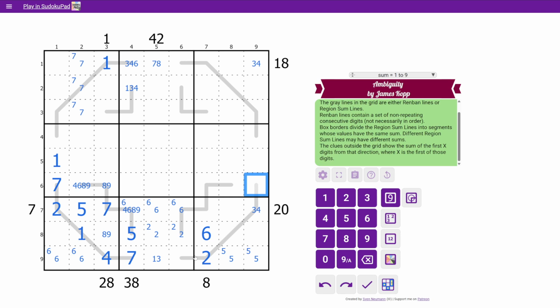One, 2, 3, 4, 5. I guess it could technically still work, but that would have to be the 5. Otherwise, it would have to be an 8 or 9 here, which would still work as well. This could be a... well, it would have to be a 9 actually.